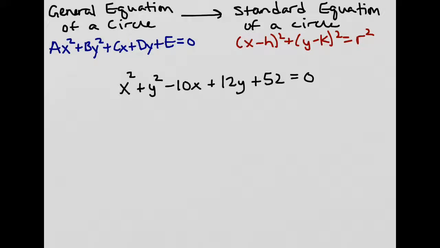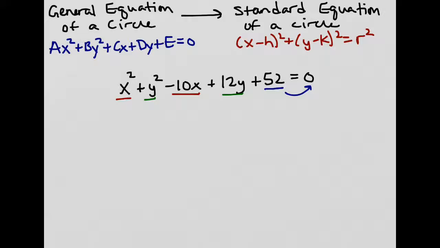The first thing I want to do to solve one of these equations is to move my constant, which is my number, over to the right side of my equation. At the same time, I'm going to put my x terms, x squared minus 10x, and my y terms together. I'm going to leave some space because the technique we're going to use is called completing the square.